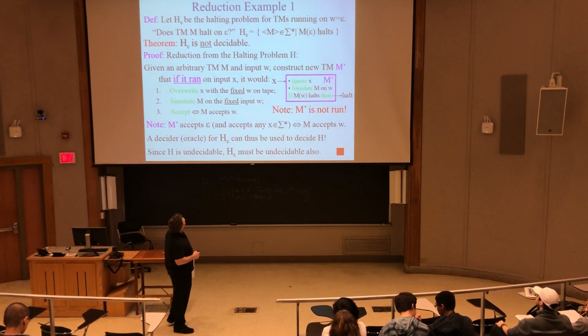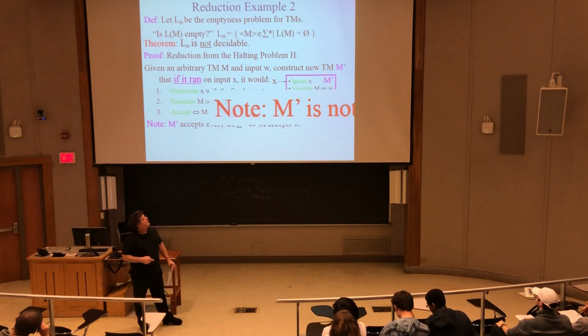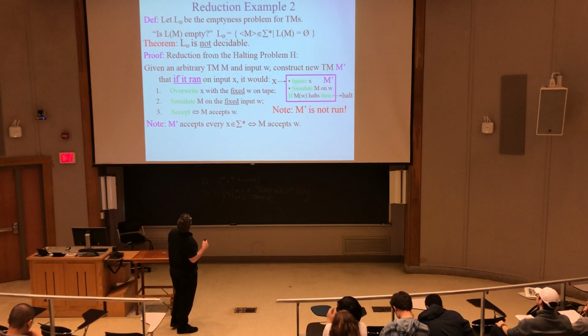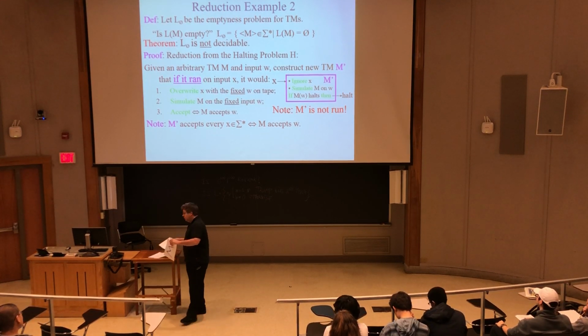And then we showed two more results in quick succession, and they looked very much like the first result, almost identical. The problem of solving whether the language of a given machine is empty or not is again undecidable. Why?